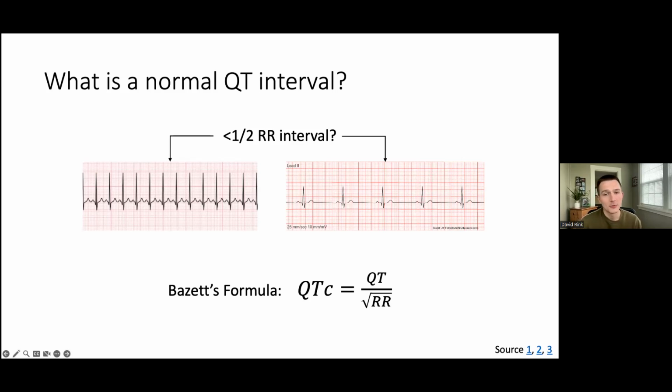I think it's important to know that this formula is far from perfect. It's been shown to overestimate QTcs at faster heart rates. There are a number of other formulas that have more complexity and may be more accurate, but there's no universal gold standard for how we should be calculating this.